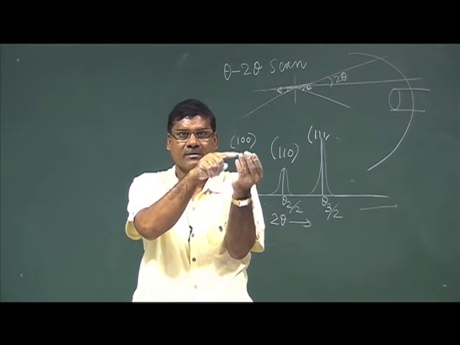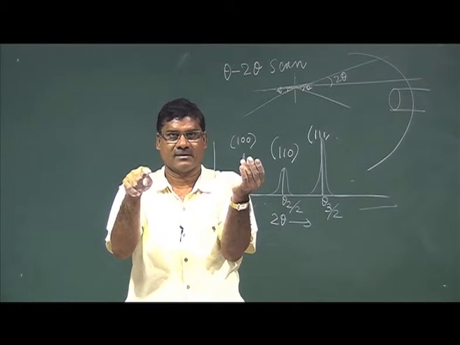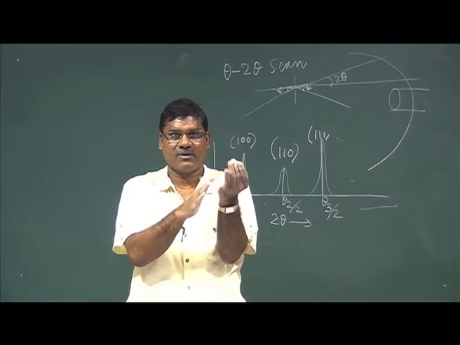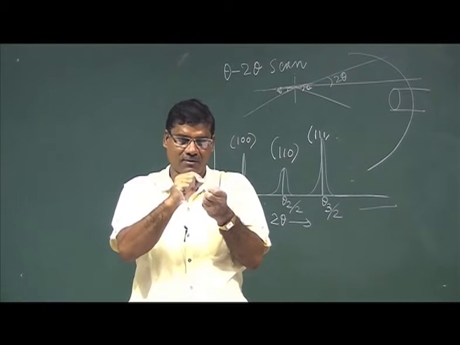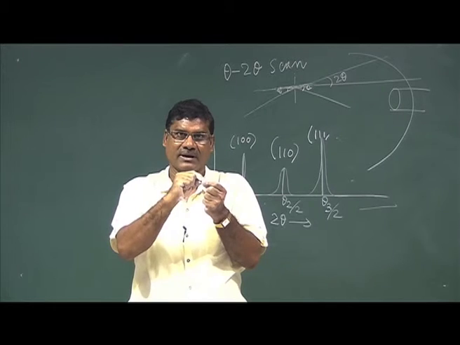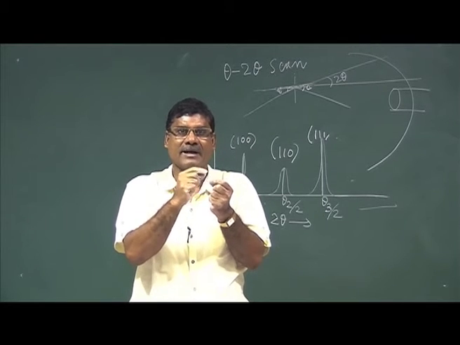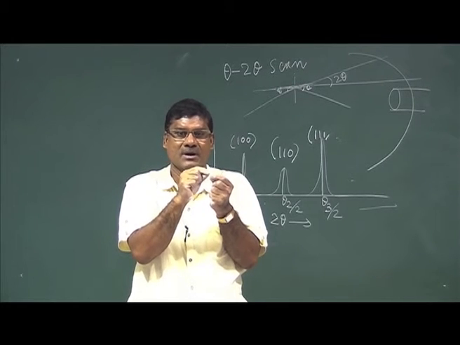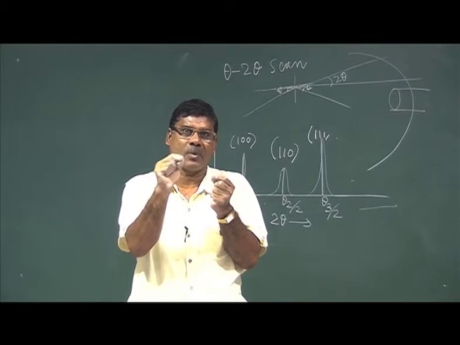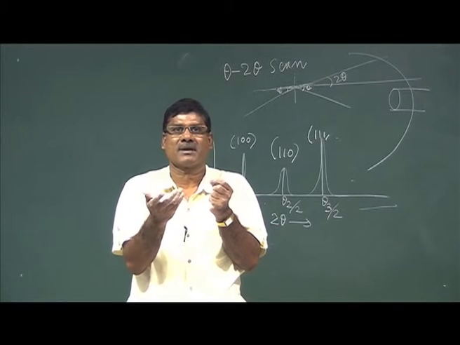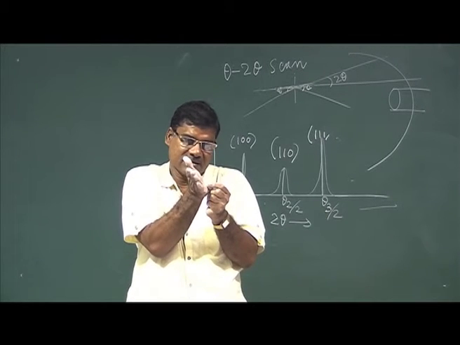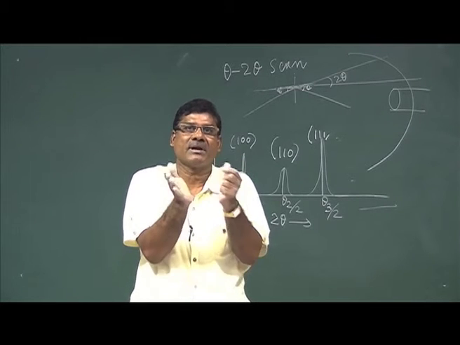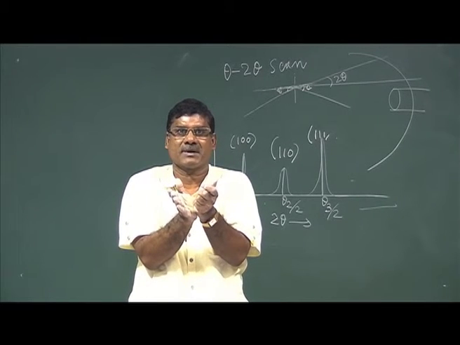If I set an axis system on this plate, I can find the distance of each point with respect to the origin, and that is nothing but the planar distance. The orientation of the different spots gives the angle between the respective planes.